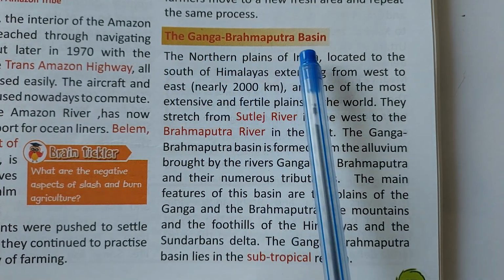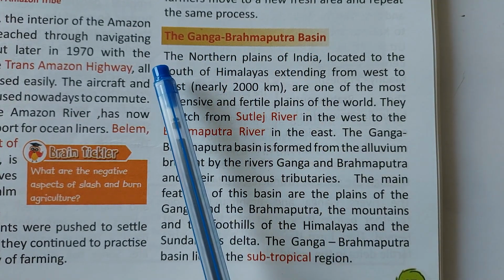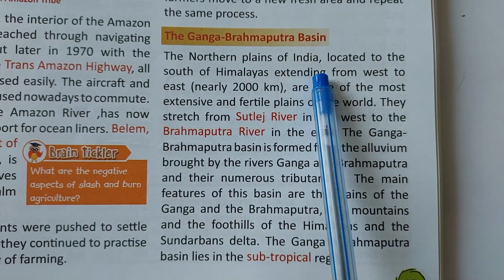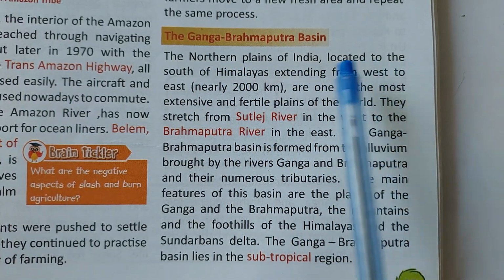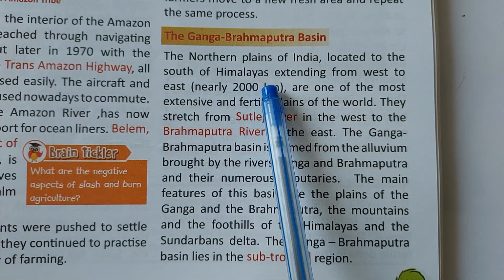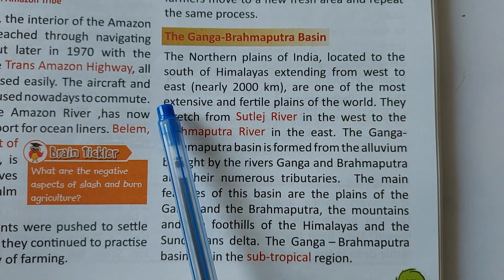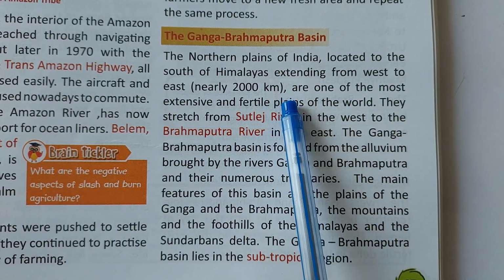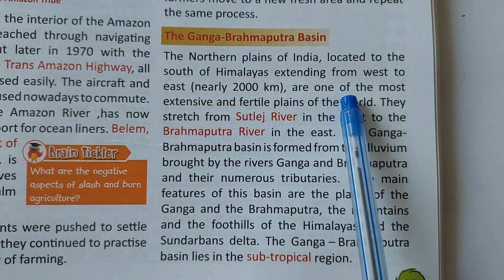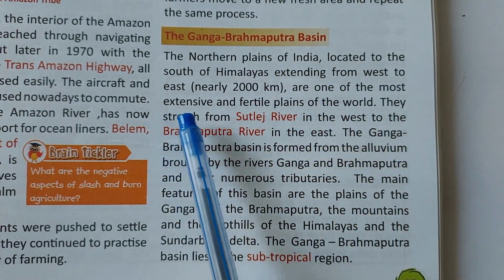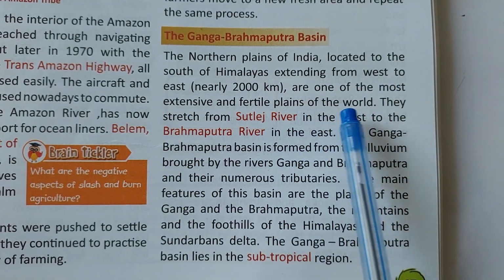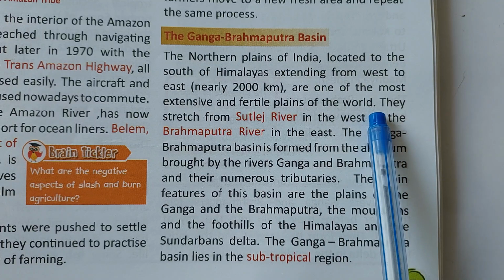The Ganga-Brahmaputra Basin. The northern plains of India, located to the south of Himalayas, extending from west to east nearly 2000 kilometers, are one of the most extensive and fertile plains of the world.